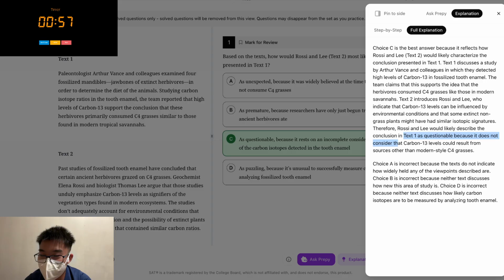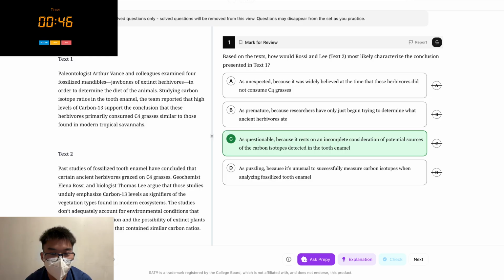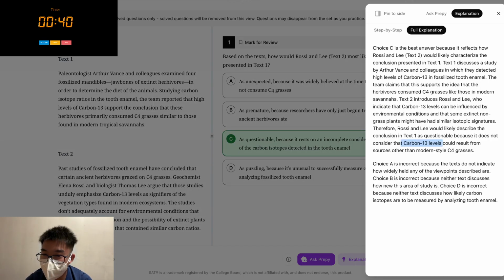Concluding questionable does not consider that it could be a result of other sources than Mars 13. Carbon 13 levels could result from sources other than modern. Yeah, because they didn't consider carbon 13, I guess. Did I explain that correctly? Let me think. Could result from other sources than modern 13.